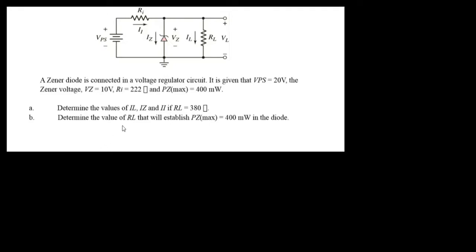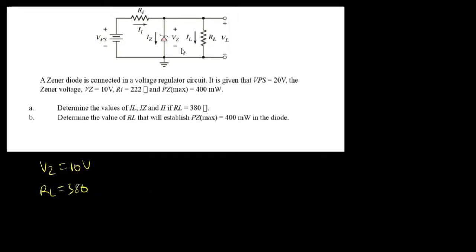So we have to find IL, IZ, and then I input here when RL is given to be 280. So first of all, we are going to look at the one that will be easy for us to find here. When you look at this, you know that VZ is given to be equal to 10 volts, and we've been given RL to be equal to 380.